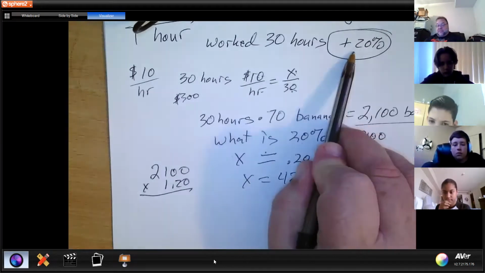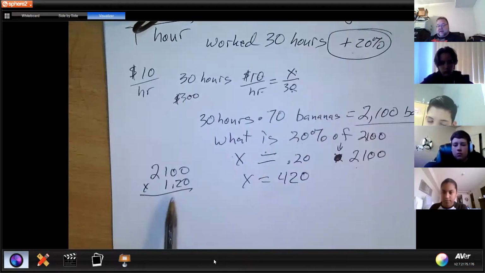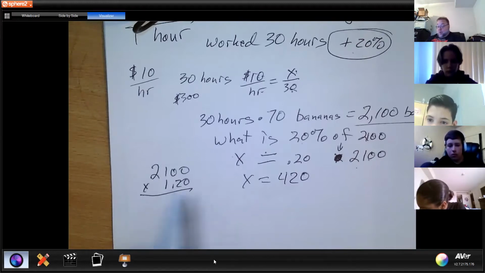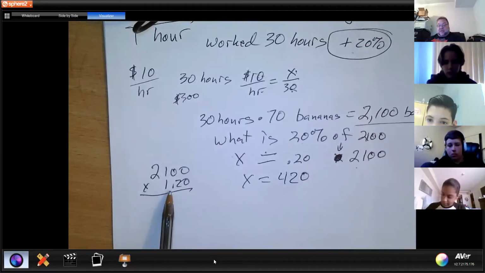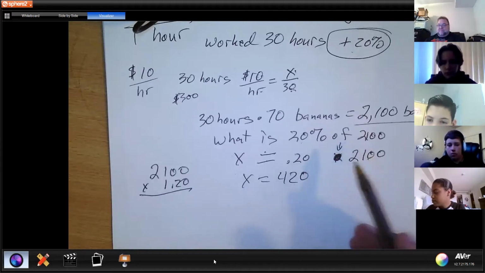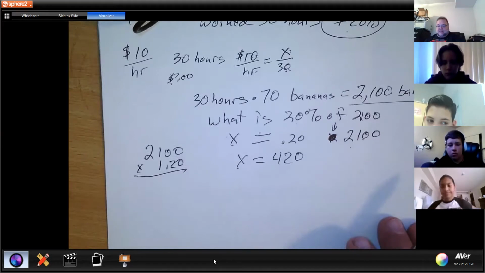We're looking for 100% plus 20%, right? So isn't that 120%? Think about that for a minute. If I have 100% and then I add 20% to it, it's 120%, right? So I don't have to do this middle step. I can just go straight here and do a multiplication problem. Now I'm still doing the same math, but it's a little cleaner. Does that make sense? It's a little prettier.